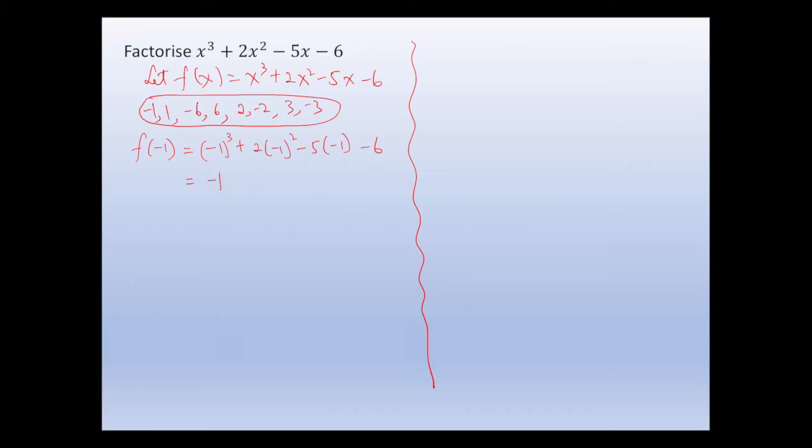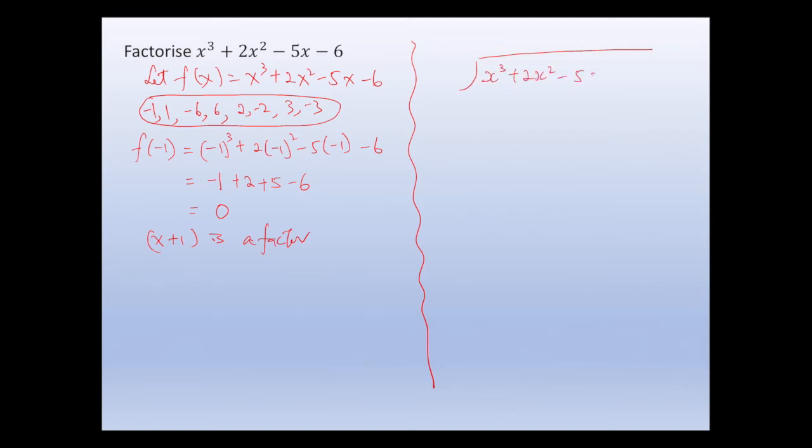Minus 1 cubed is minus 1; remember, any negative number cubed is a negative number. Minus 1 squared is positive 1, so 2 times positive 1 is 2. Minus 5 times minus 1 is plus 5. And then the constant is minus 6. You can see that this is 0. So therefore, we know that x plus 1 is a factor.